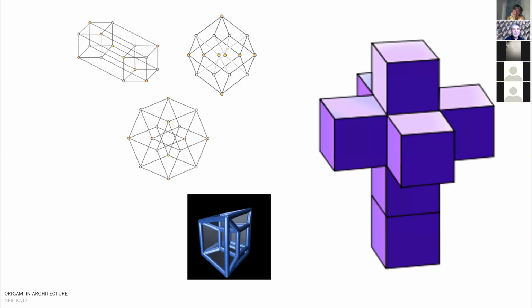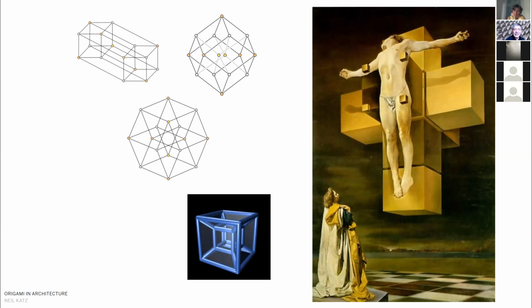So instead of going from 3 dimensions to 2 dimensions, we're going from 4 dimensions to 3 dimensions. And Salvador Dali, the surrealist artist, actually used this concept in one of his paintings. Right? So this is a 3-dimensional unfolded version of a 4-dimensional cube on a 2-dimensional canvas.